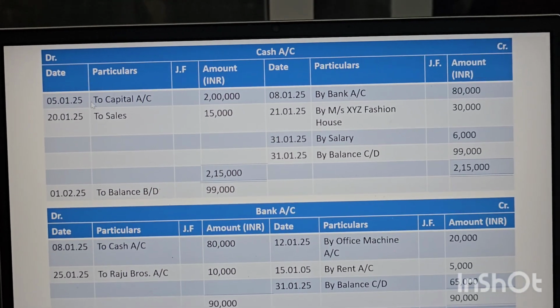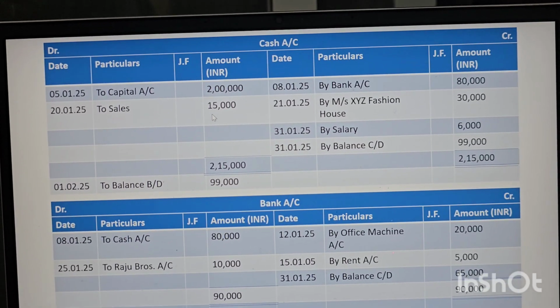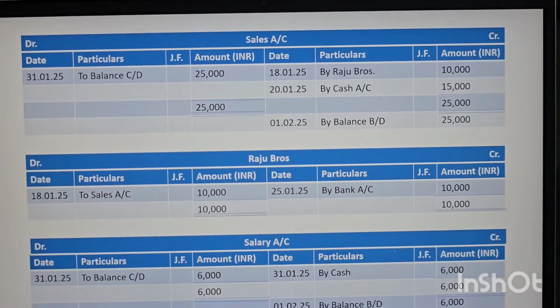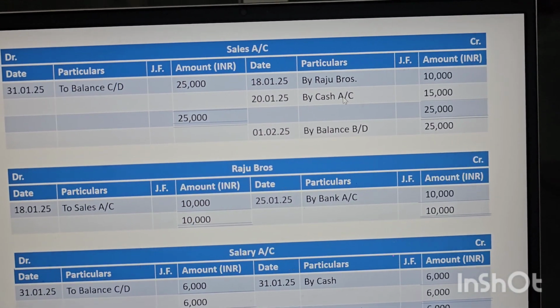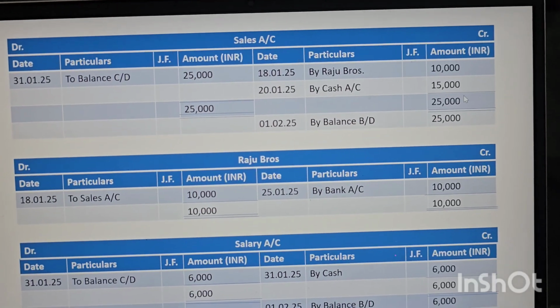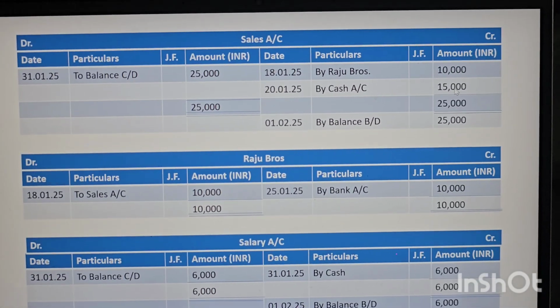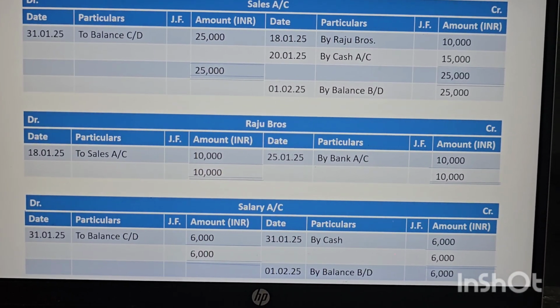So cash account debit to sales account 15,000, and in the sales account we see by cash account 15,000. So this is how the cash sales transaction is being recorded as 15,000 over there.